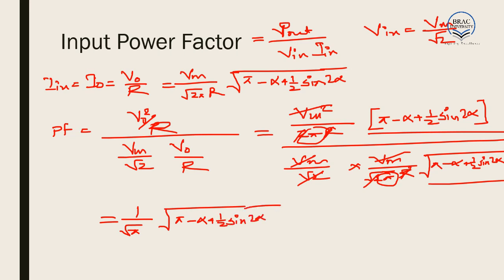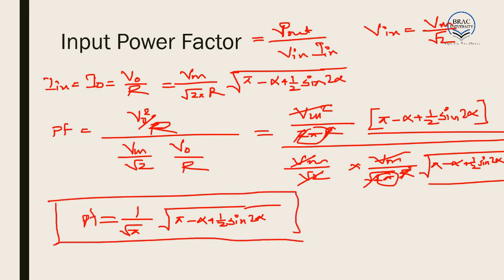It is to be noted that when alpha is equal to 0, it becomes 1 by root pi into root pi, that is, the input power factor becomes 1. So the input power factor is maximum, or the best, when alpha is equal to 0. But when we increase the value of alpha to decrease the output voltage, the input power factor gets deteriorated.